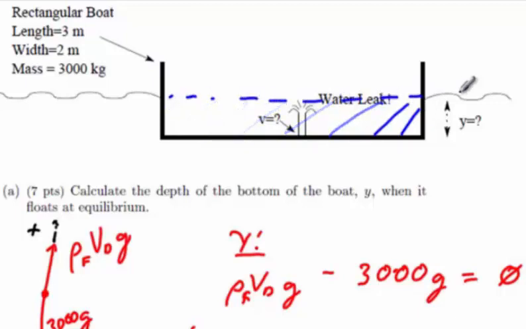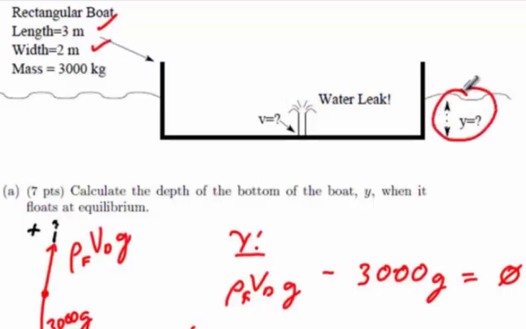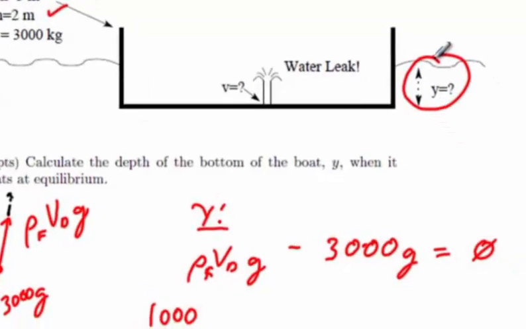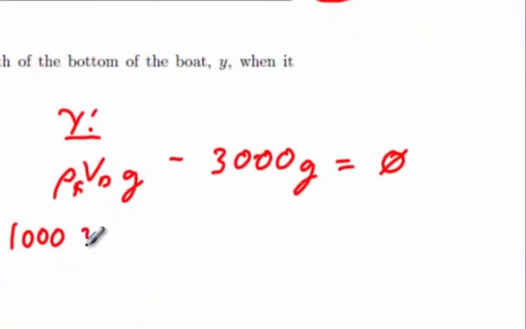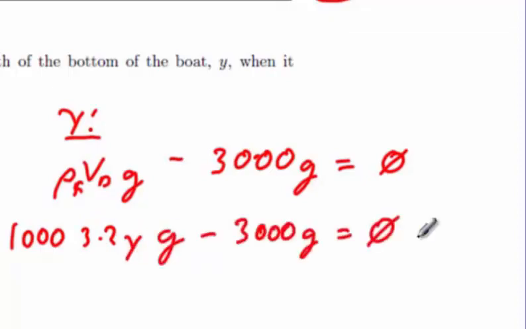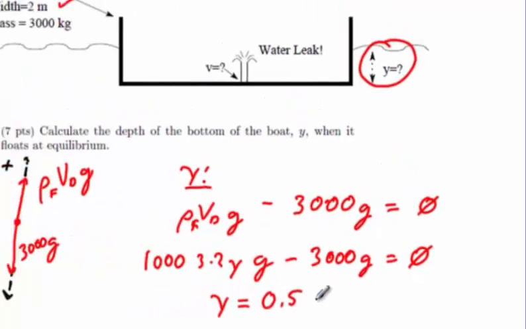That box has a length of 3 meters, a width of 2 meters, and a height of y. Therefore, the volume displaced will be 3 times 2 times y. The g's will cancel, and we'll get the simple result that y is equal to 0.5 meters.